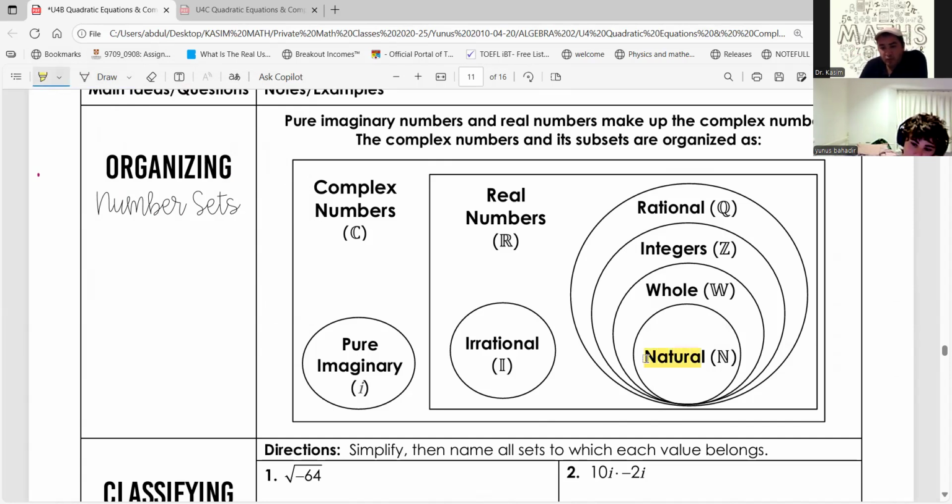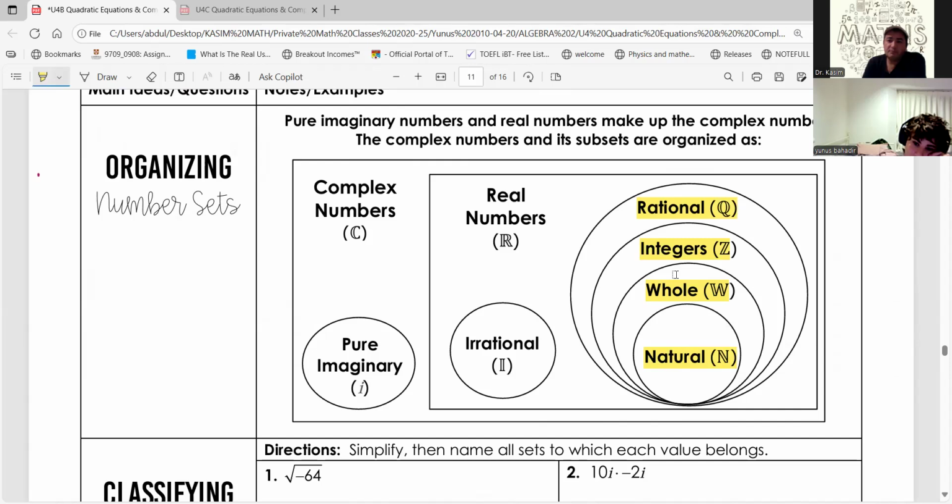natural numbers, right? 1, 2, 3, 4, 5, counting numbers. We are just adding 0, and they form whole numbers. Now we add also negative whole numbers, and now we call them integers. And now we add the ratios of two integers. Now we call them rational numbers.